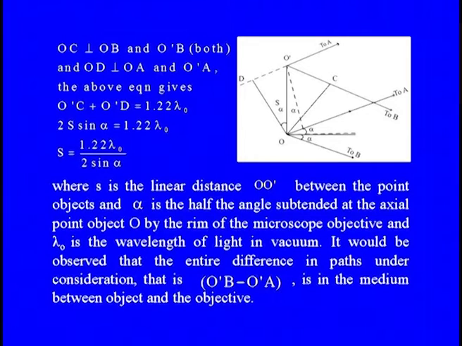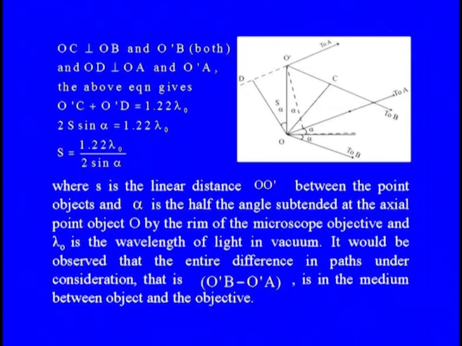Therefore, drawing the line OC perpendicular to both OB and O prime B, and OD perpendicular to both OA and O prime A, the above equation gives O prime C plus O prime D equal to 1.22 lambda. Therefore, we have 2 S sin alpha equal to 1.22 lambda.